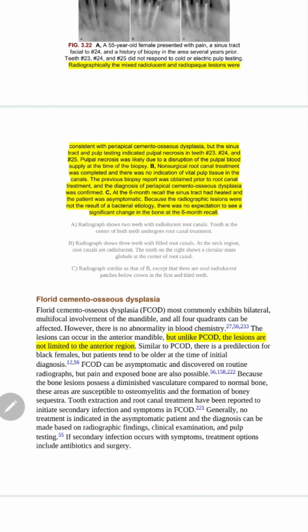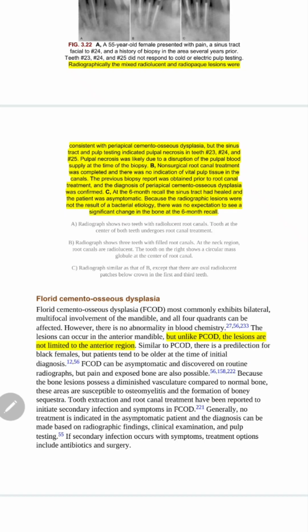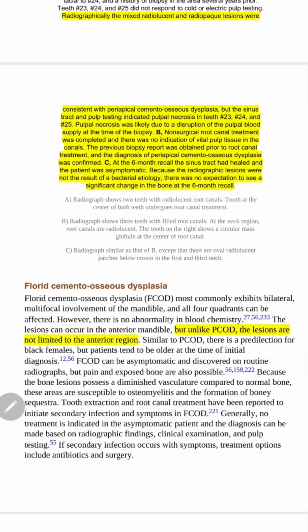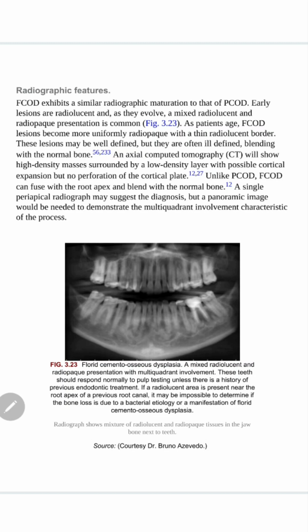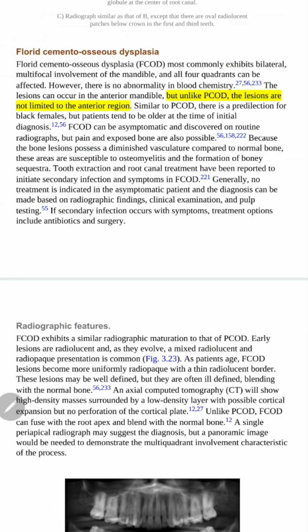The florid cemento-osseous dysplasia is also something that does not need any treatment. It presents as different radiolucencies that affect both sides of the mandible, and it can also affect the maxillary part too.